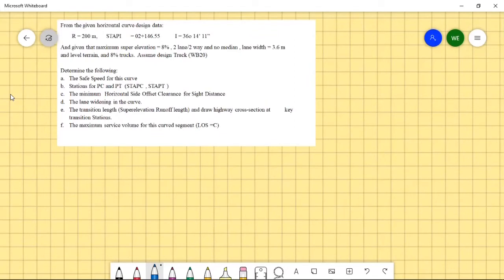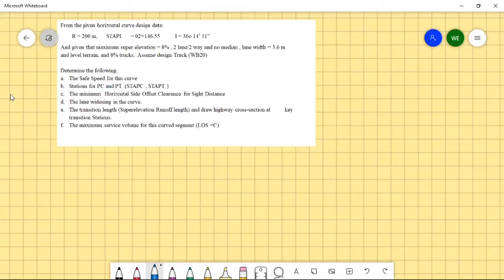And the given maximum superelevation 8%, 2-lane, 2-way, and no median. Lane width 3.6 meters, level terrain, and 8% trucks, assume design truck WB20. Determine the following: the safe speed for this curve.